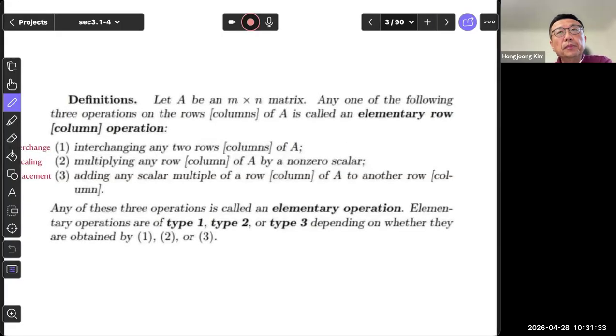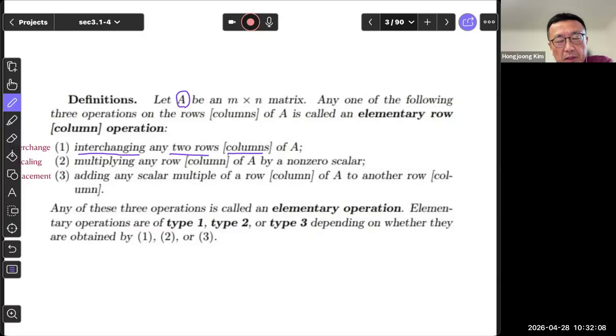Okay, first of all, given some matrix A, we want to consider three types of operations. The first operation is simply called interchange. The interchange operation interchanges any two rows of matrix A, or sometimes you may interchange any two columns.